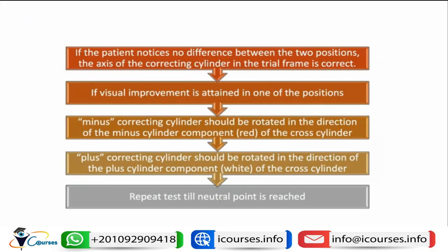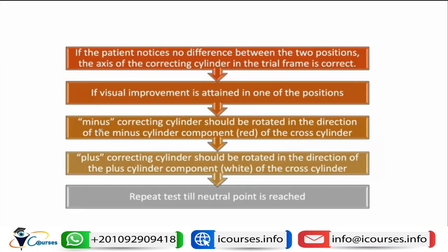If the patient reports that there is no difference in the visual acuity, then the axis of the cylindrical lens in the trial frame is correct. If the patient reports that there is improvement in one position, then we will check if we are using the minus cylinder or the plus cylinder.